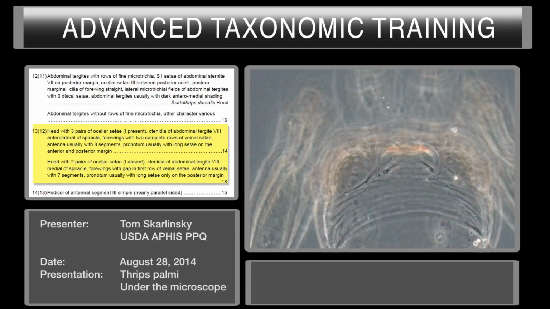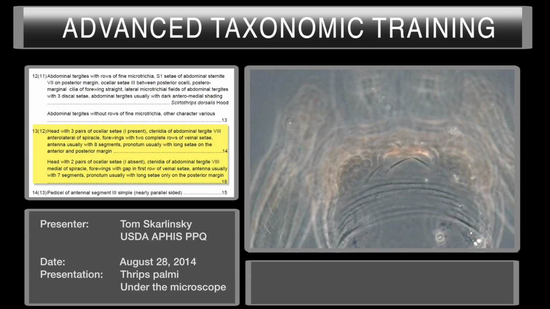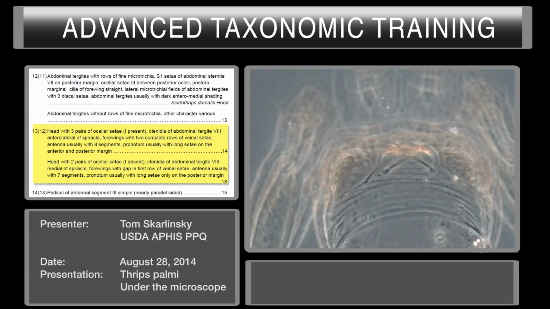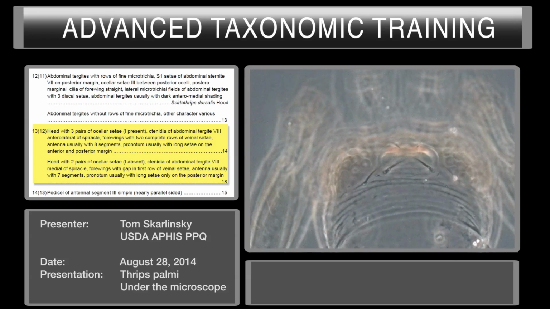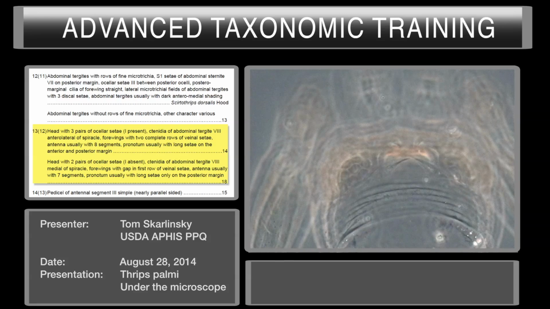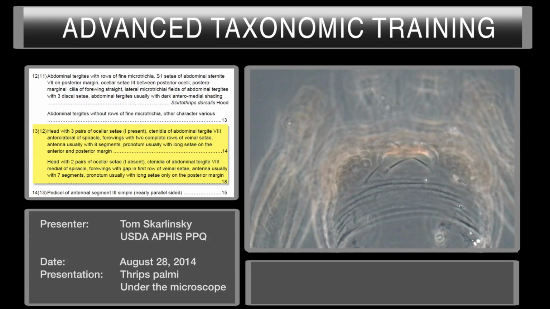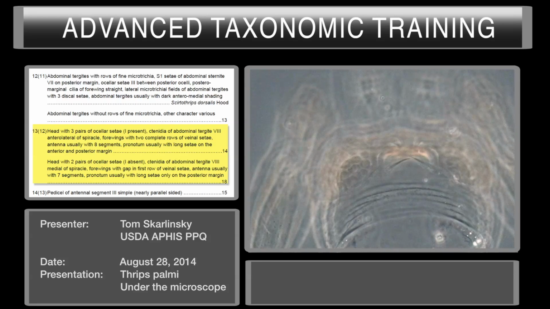Within this area of the head, we're going to have either 3 pairs or 2 pairs. Sometimes I've seen some genera of Thripini that have even more, as many as 4 pairs. So let's get a count on these setae.